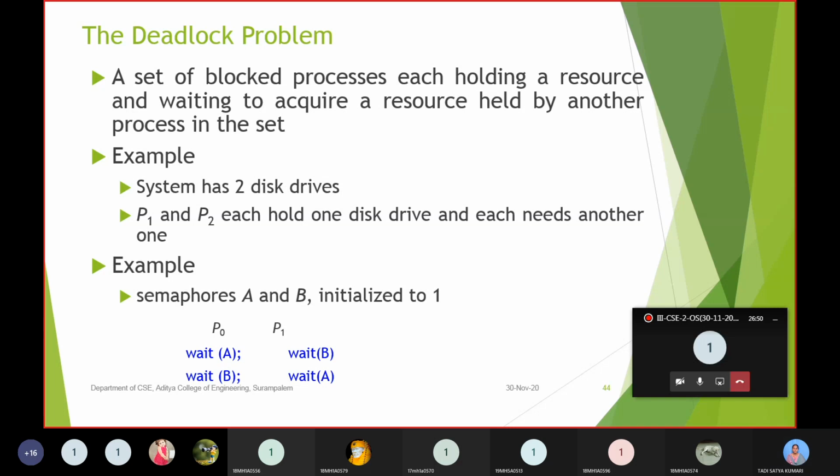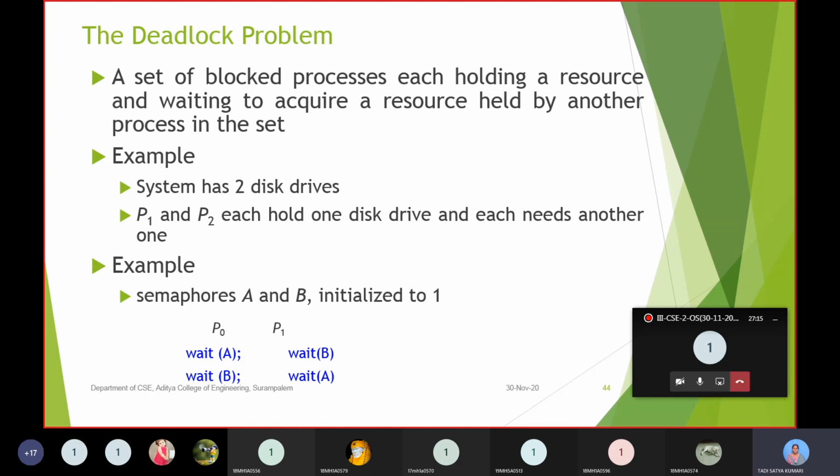Both are waiting for the second hard disk. They already hold one hard disk and want another, but the second hard disk is already captured by the other process. So P1 is waiting for the hard disk held by P2, and P2 is waiting for the hard disk already held by P1. Such a situation is called a deadlock.